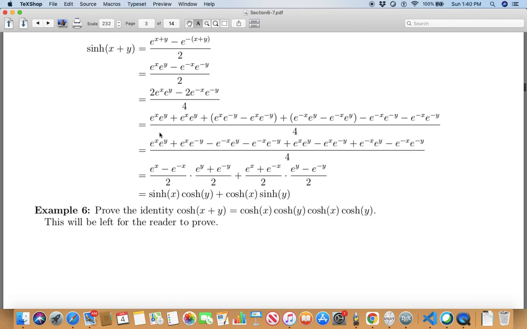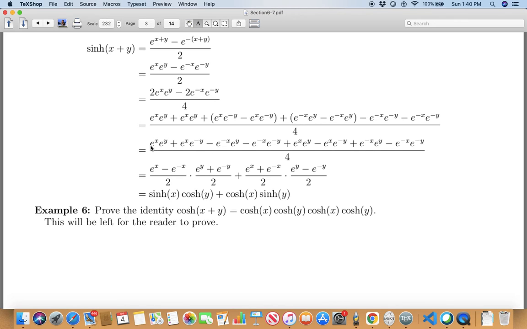E raised to x, e raised to y, e raised to x, e raised to y. You see, rearrange. Bring this here, bring this here, one of these here. So we have brought those 4 things here, and the rest together here. Now, what's the point of this?